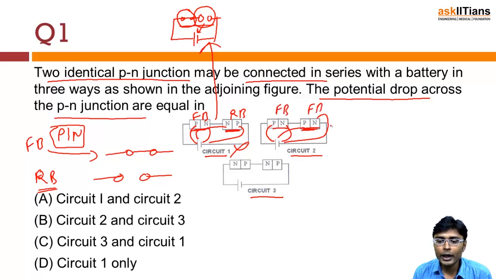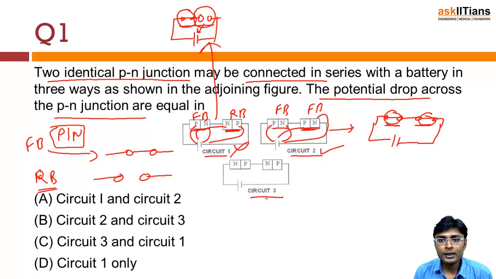We can draw its equivalent circuit in which we replace both the PN junctions by a short circuit. So we can see that the potential drop across the PN junctions in both cases is equal to 0, and both are equal. Therefore circuit 2 will be our answer.